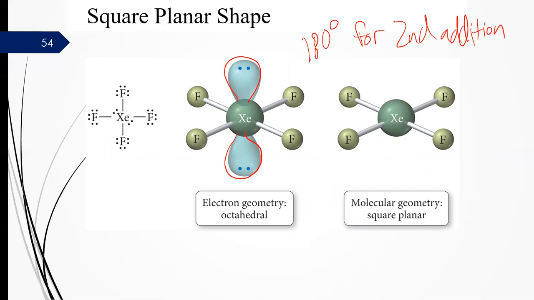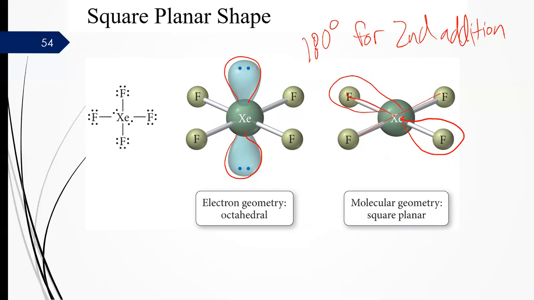We would like to split those apart as far as we can. And so that's why we add them in 180 degrees. From there, the next one that we add in has to be 90 degrees away from that. And that's how we get the T shape. The one after that, 180 degrees from that one. And that's how we get the linear.